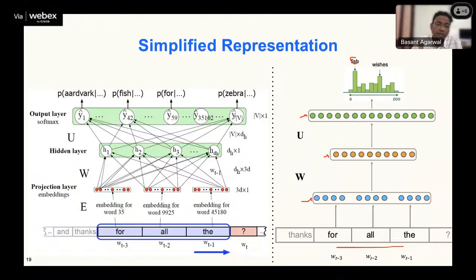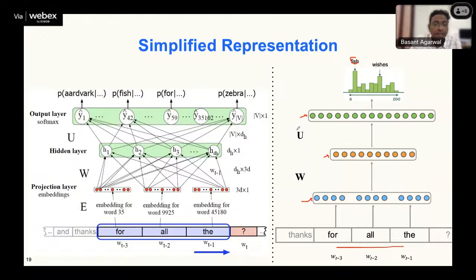We need to change the architecture itself, so that we can avoid overfitting and at the same time learn a lot of in-depth information from the text. Okay, so that is the standard neural network.